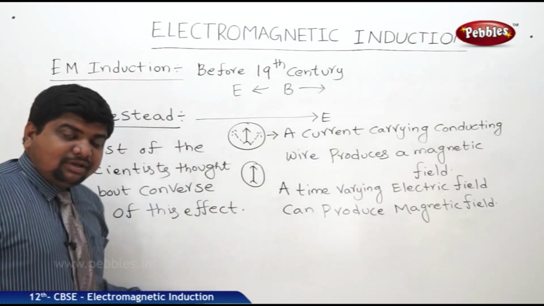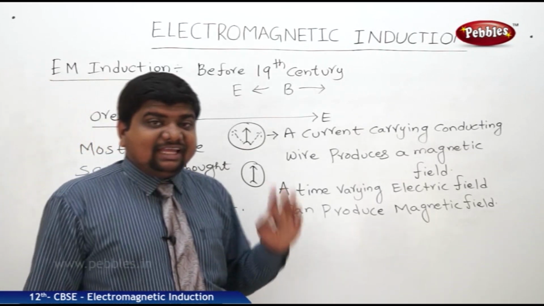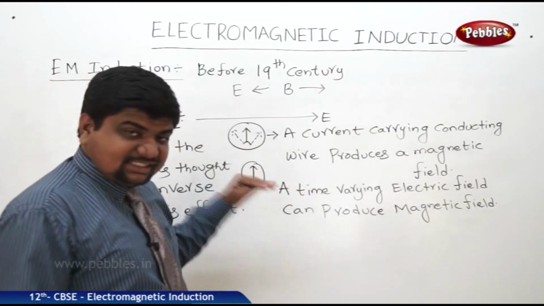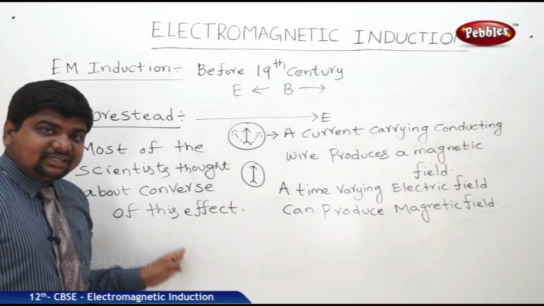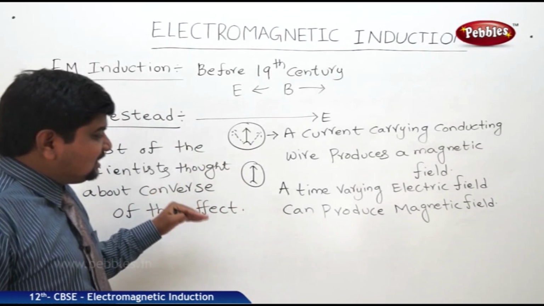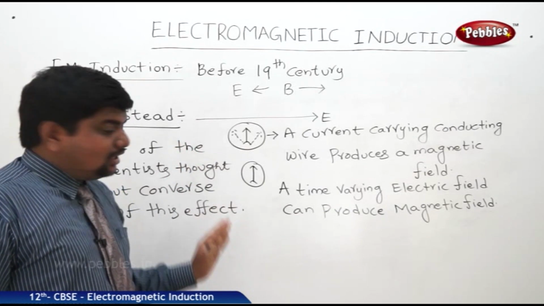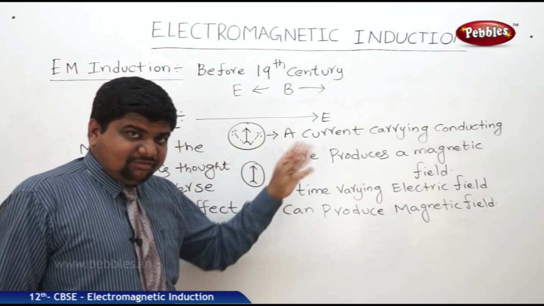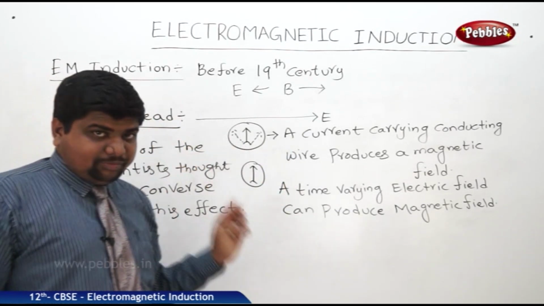Among them, Faraday, one of the great scientists, Michael Faraday, succeeded in proving that the converse effect is true. What was his experimental setup, and what conclusions did he make with respect to this induction phenomenon?